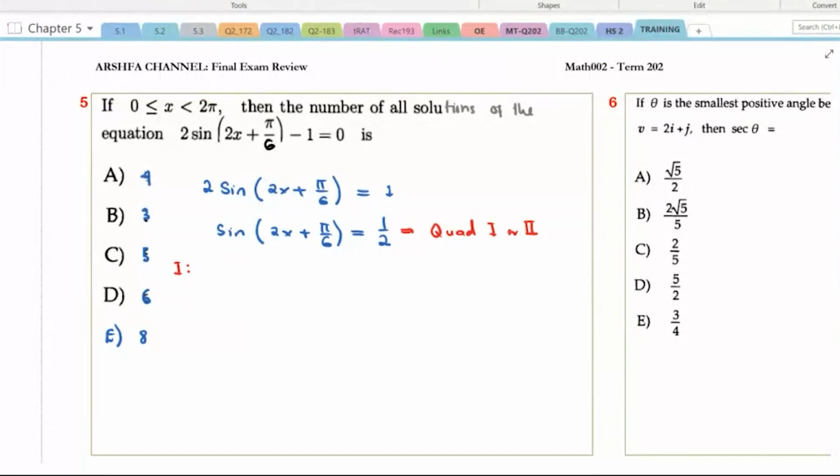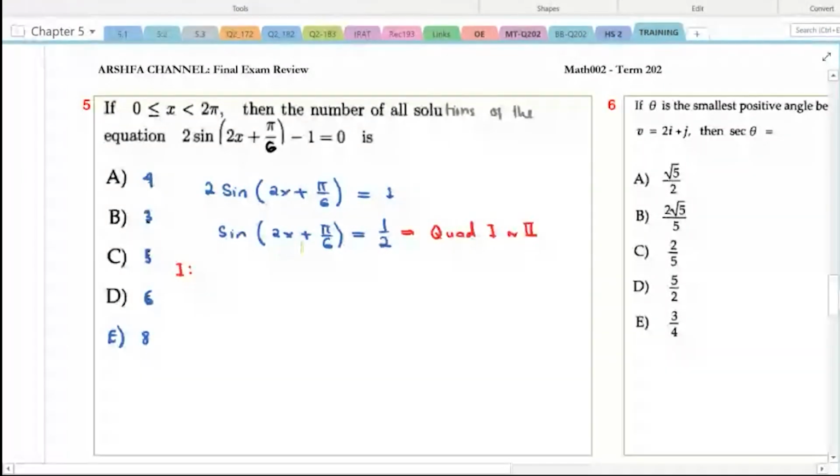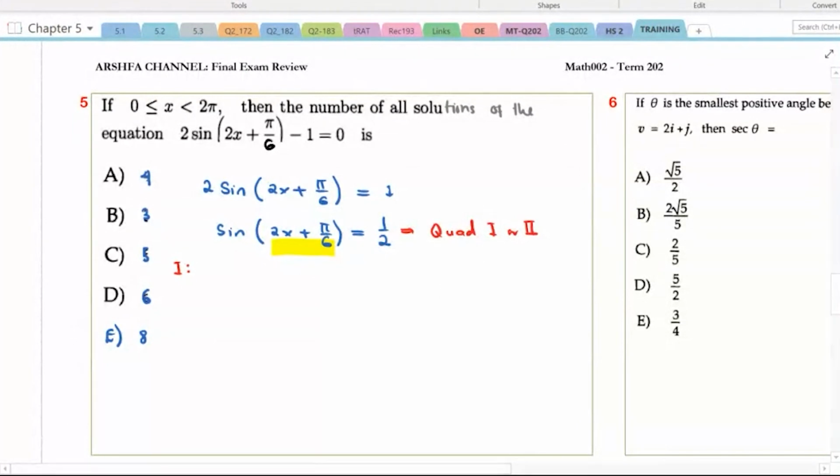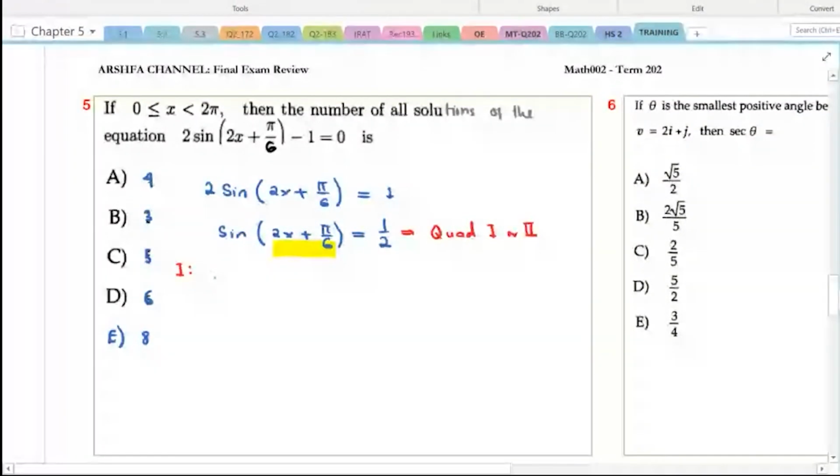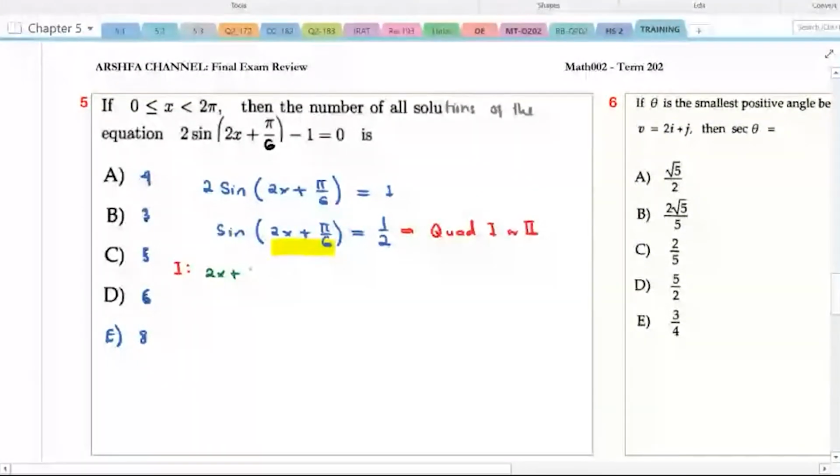Sine is equal to a half when the angle is 30 degrees, which is pi over 6. So we take the whole of the argument, 2x plus pi over 6, and this is going to be equal to pi over 6.